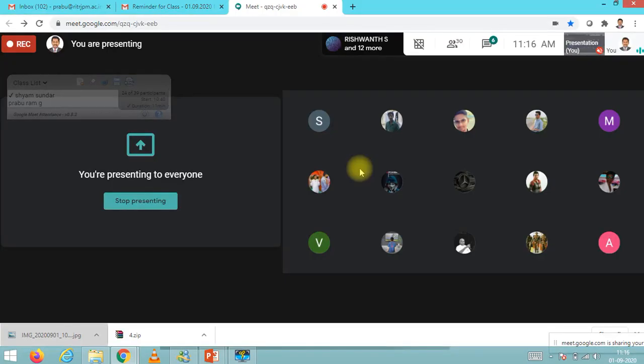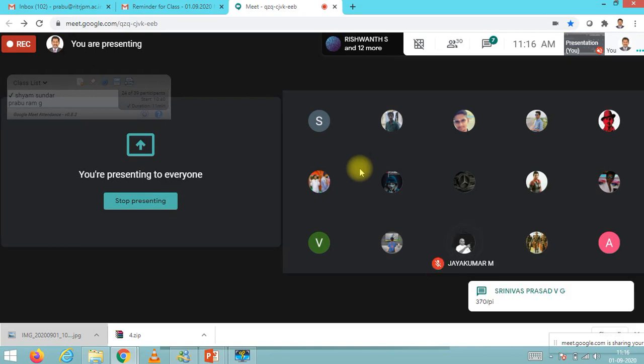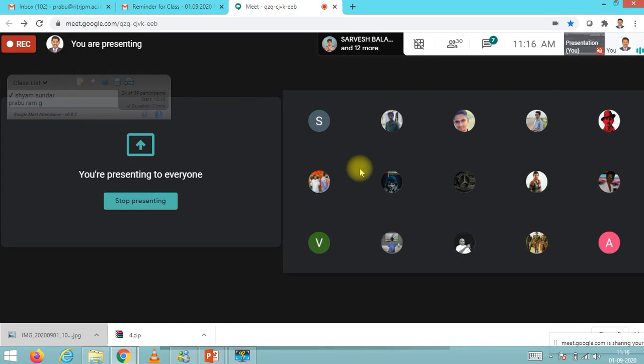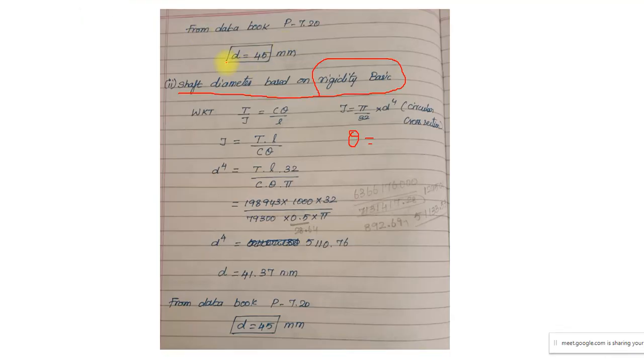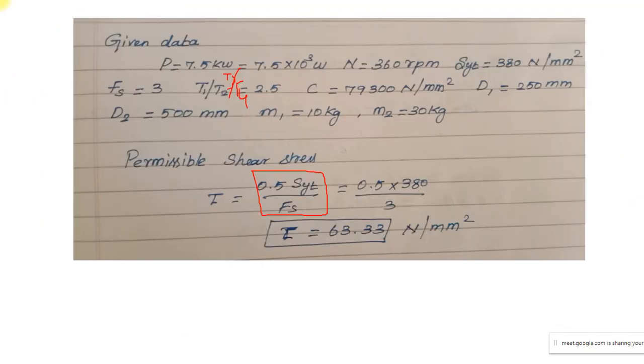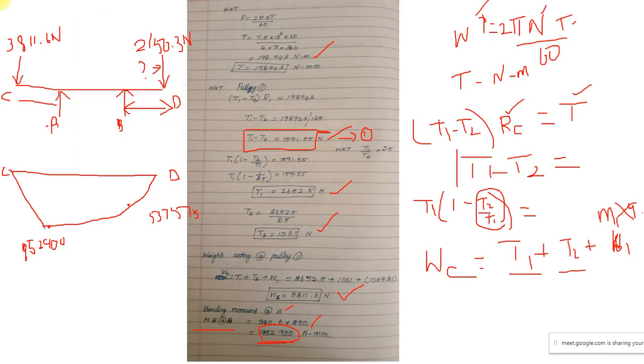Yes, very good, 180 by pi is the correct answer. That is how we need to convert. In this problem, it is given directly in degrees, so there is no issue. Theta is given as 0.5 degree.